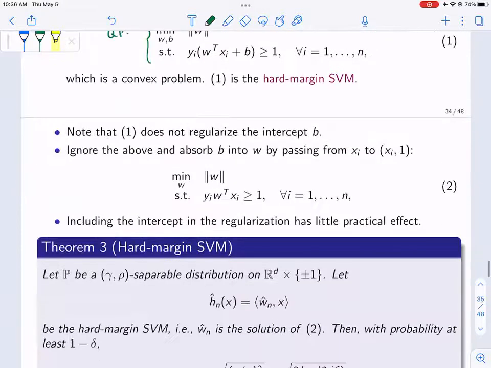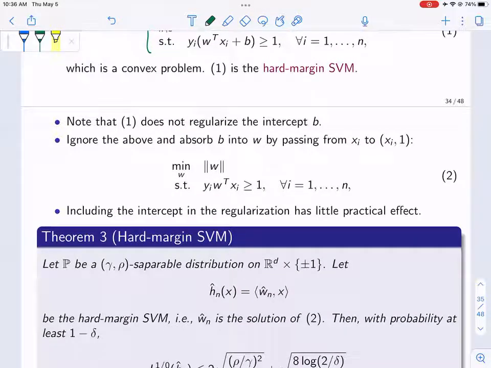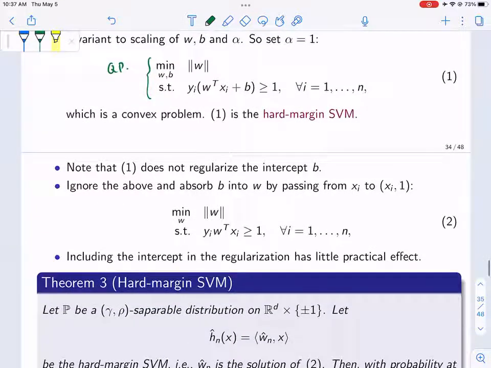So you're going to analyze this simplified version, the hard-margin SVM, and just point out that a more general version would be basically minimizing w subject to y_i h(x_i) bigger than or equal to 1.